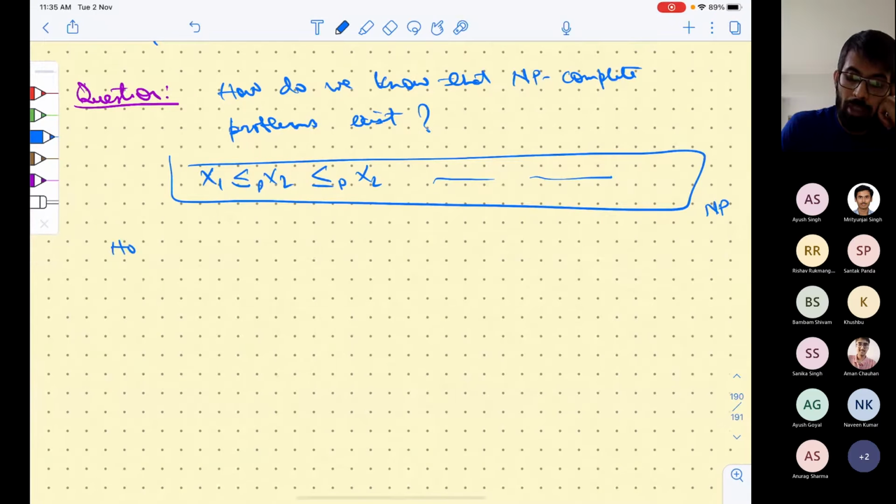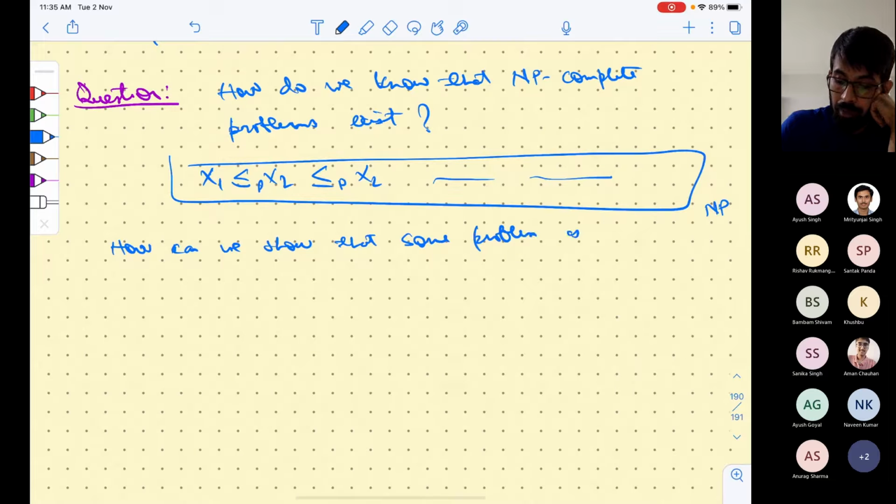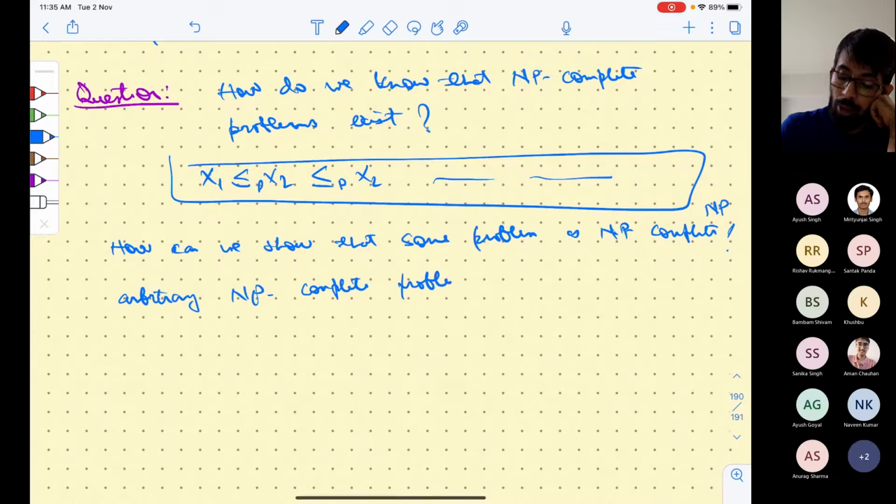So how can we show that some problem is NP complete? Basically, we have to look at any arbitrary problem in NP and reduce that to X.